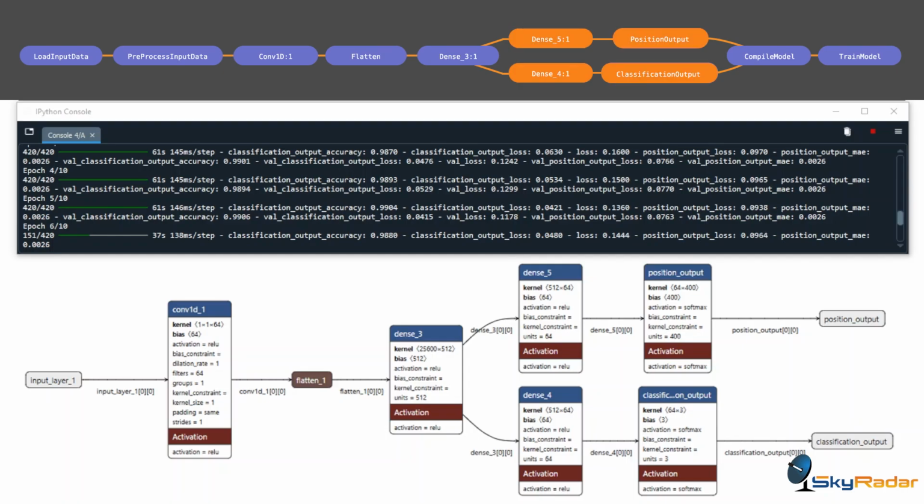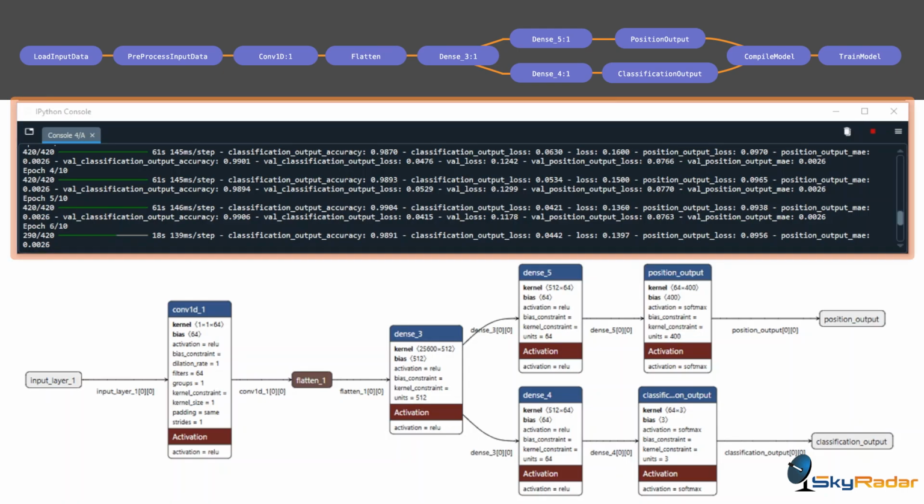Together, these branches enable the model to perform 2 tasks simultaneously: target localization, determining the precise position of the target in the radar data; and target classification, identifying whether the target is a high RCS target, a low RCS target, or if no target is present.